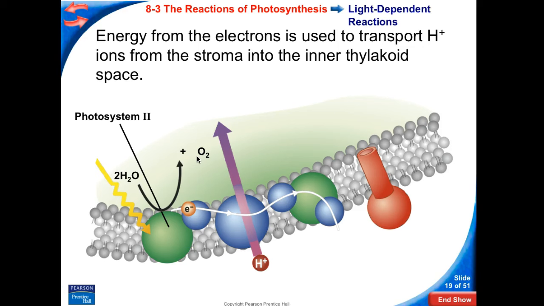So from our transport unit, this would be active transport. Active transport is when molecules are going from an area of low concentration into an area where they're already highly concentrated. So energy is required. That energy comes from the passing of these high energy electrons through the thylakoid membrane. There it is.